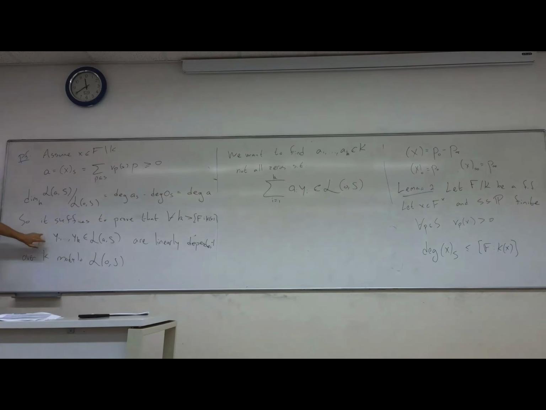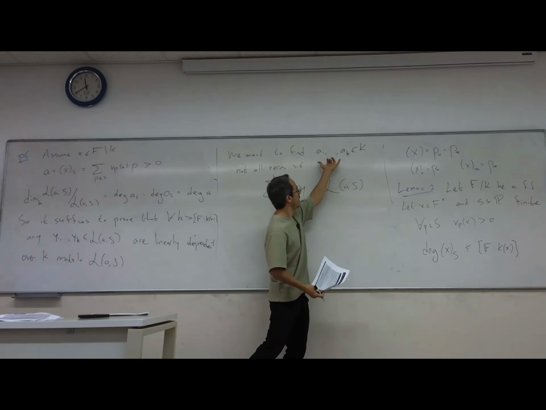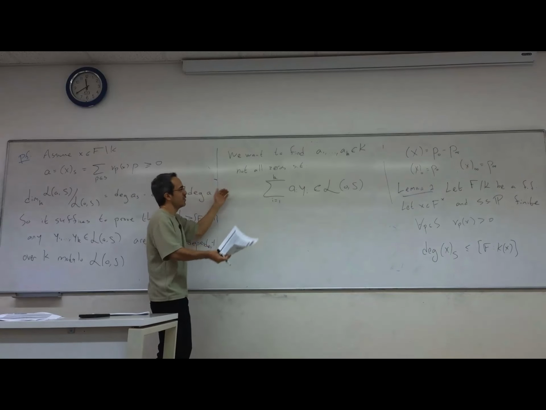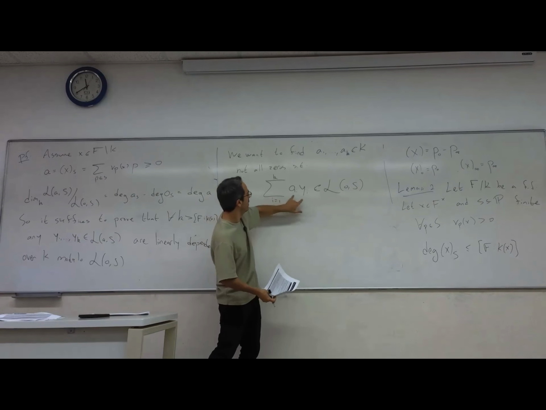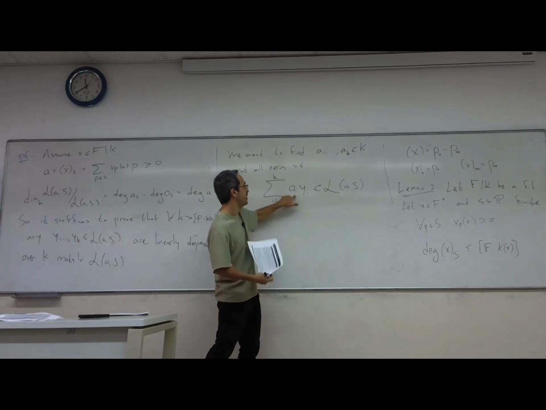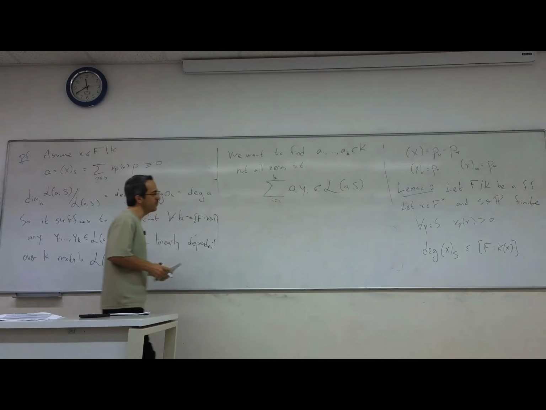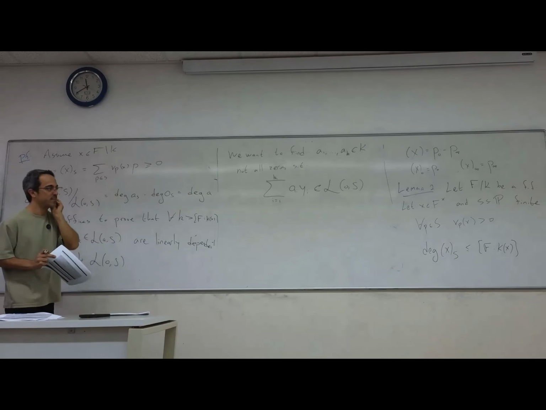You want that for any y1 to yk, they are linearly dependent over K modulo this. So for this set of y's, you can find scalars a1 up to ak, not all zero, because that's not fair, such that this linear combination of the yi's is zero modulo L0s. So it's in L0s. Okay, is this clear? That's what we want to do at this point.